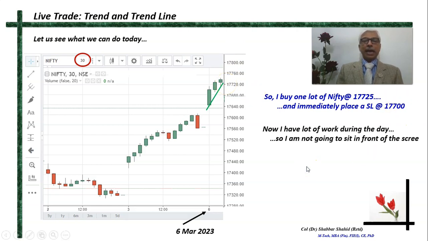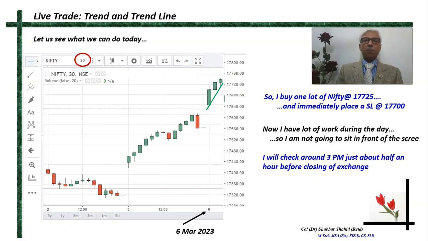Okay. And now I have got a lot of work during the day. So I'm not in a position to sit in front of the screen and monitor it. But I have placed a stop loss, so I'm not worried. Now I will come back after doing my work around 3 p.m., just about half an hour before closing of the exchange, and I will see what it is.